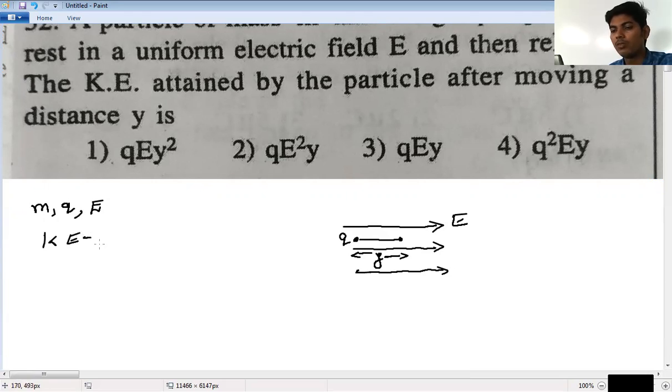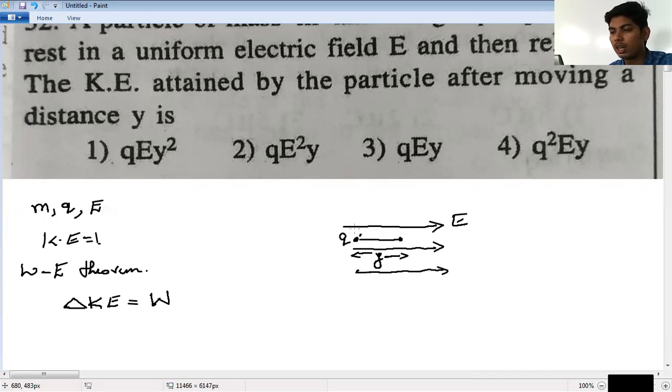Whenever it comes to a problem of kinetic energy, always try to make use of the work energy theorem. The work energy theorem says the change in kinetic energy will be exactly equal to the work done by the force.